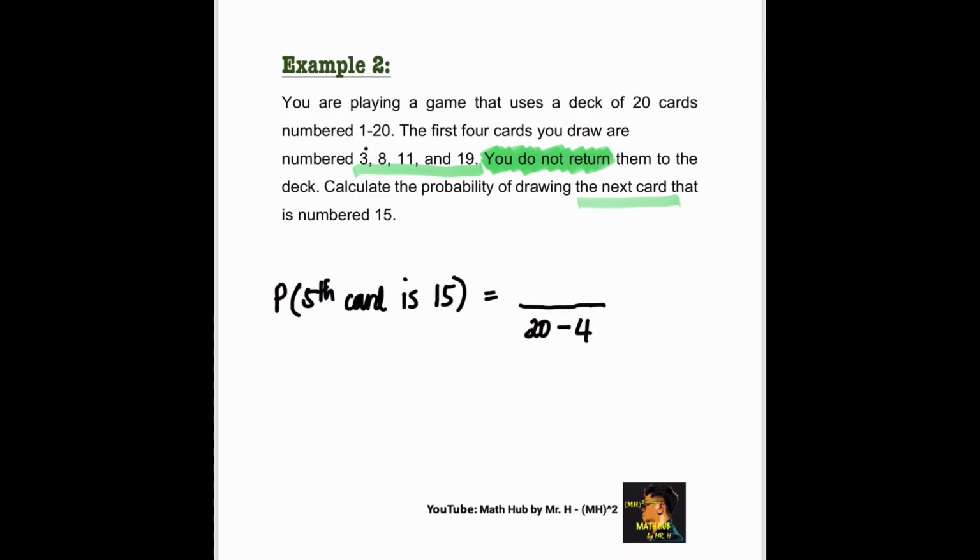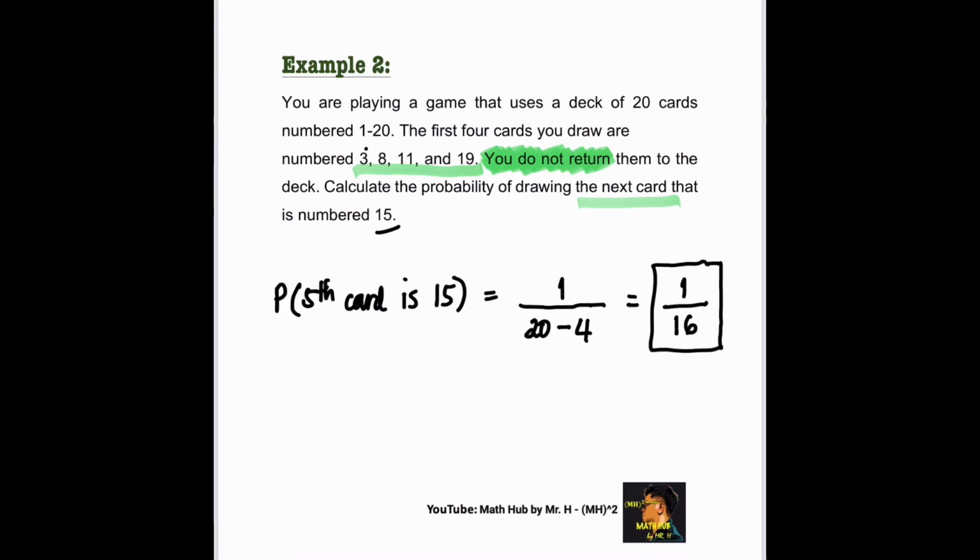And for the numerator, there's only 1 card in the deck that is numbered 15. So that's going to be 1. And we need to simplify that. So it's going to be 1 divided by 20 minus 4, which is 16. Therefore, the probability of picking the next card that is numbered 15 is 1 over 16.